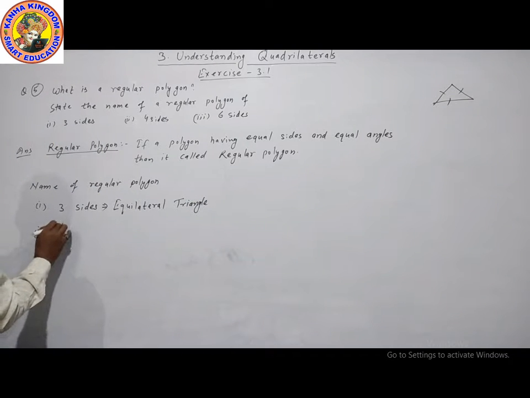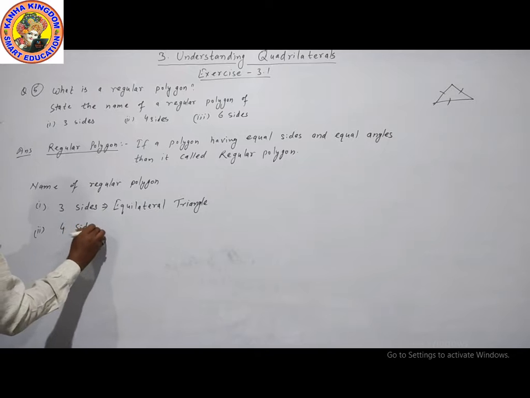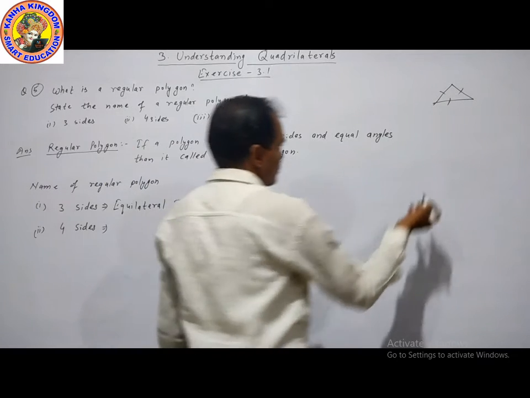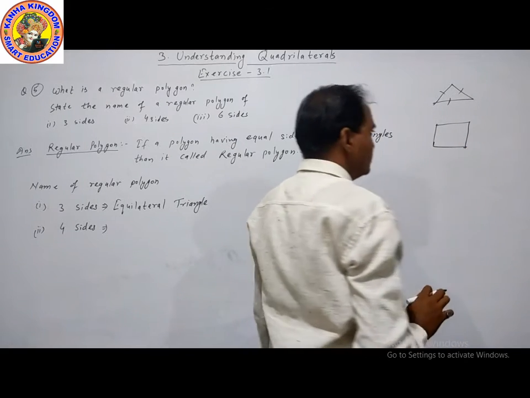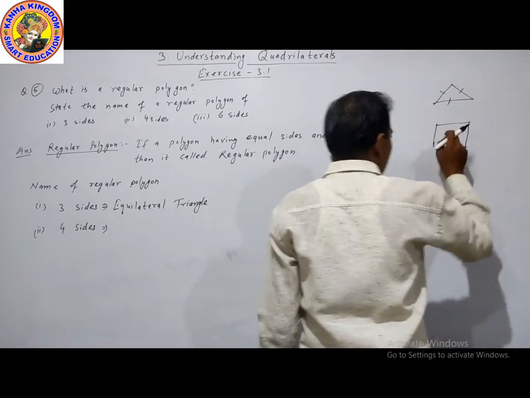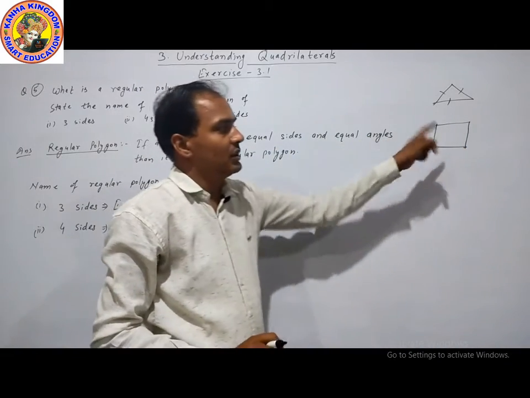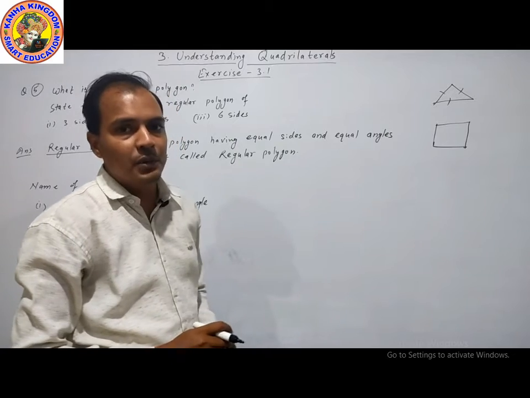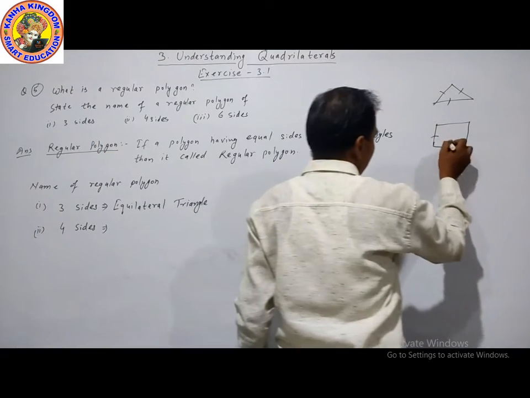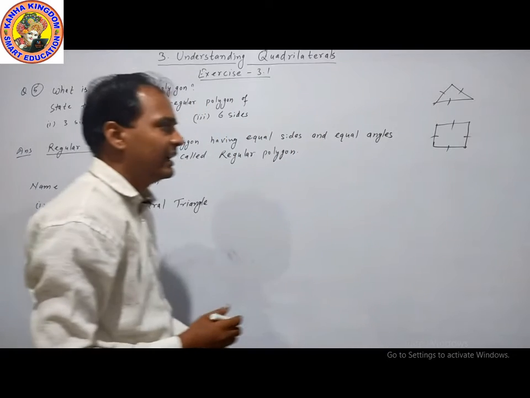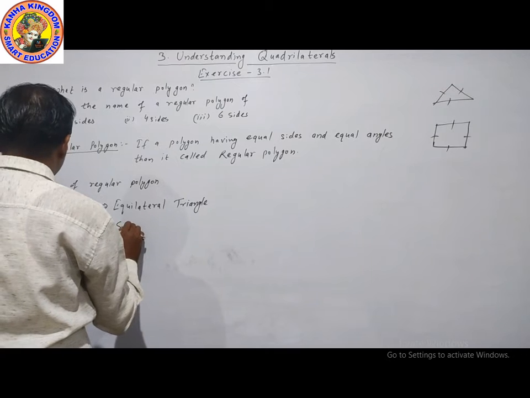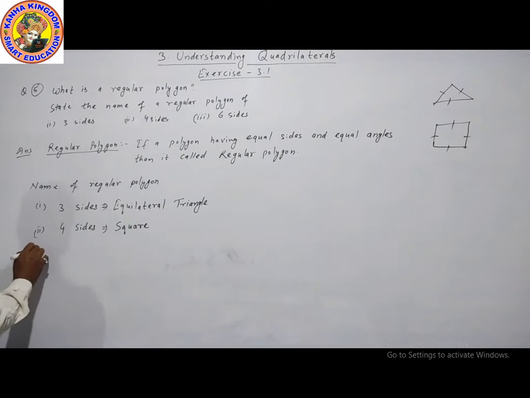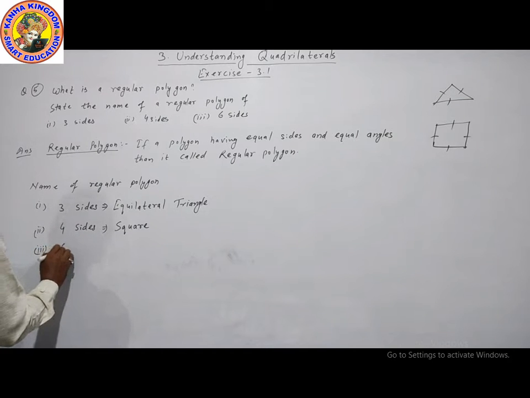Second is 4 sides. If a polygon has 4 sides, it is called a quadrilateral, but if all the sides are equal and all the angles are equal, then it is called a square. Next is 6 sides.